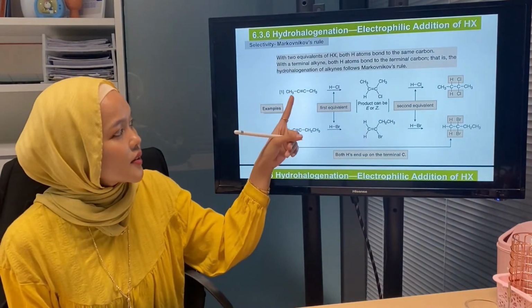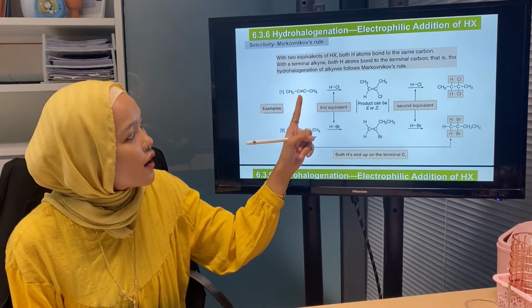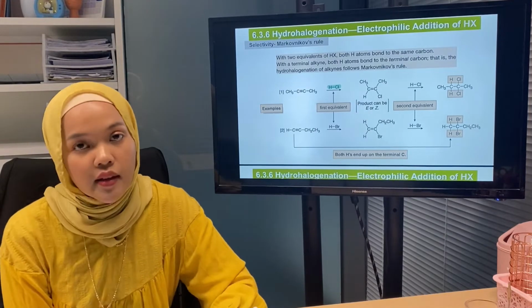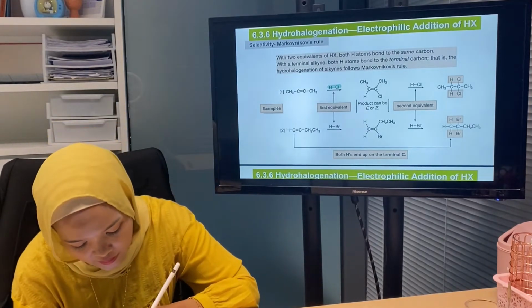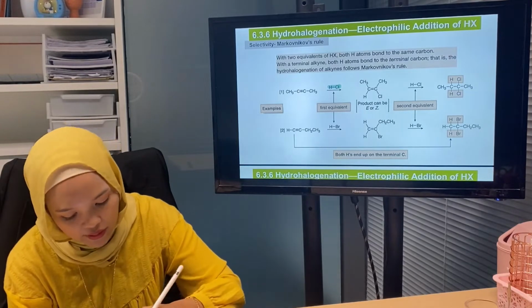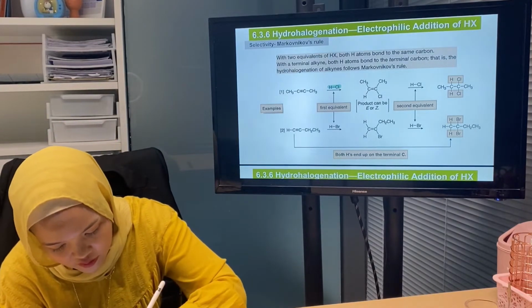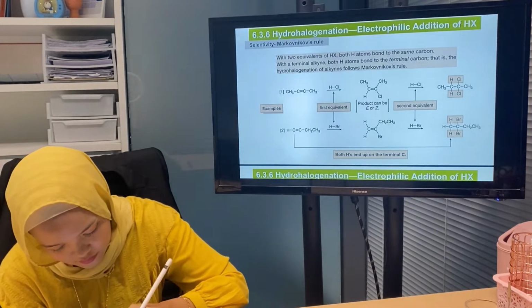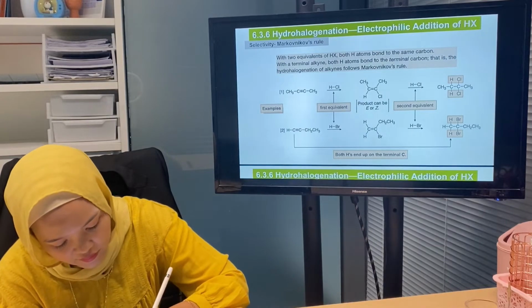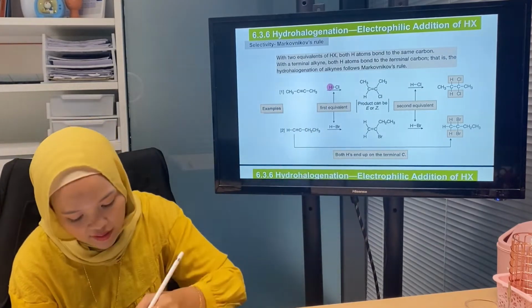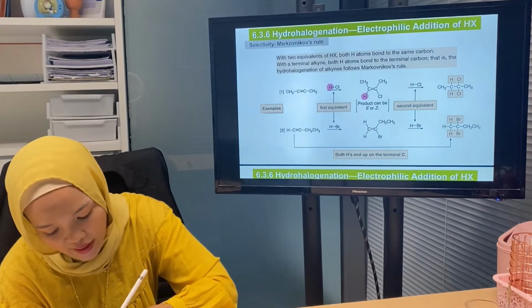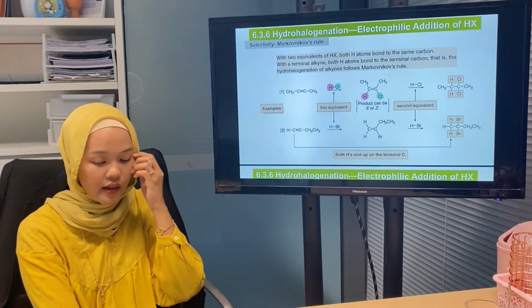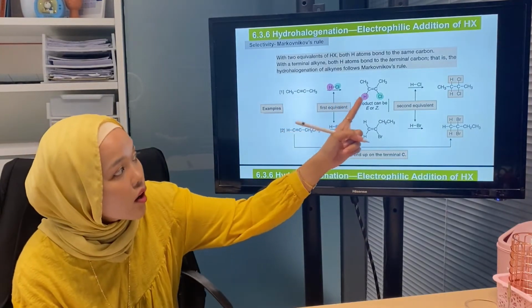For example, if you have your butane here and HCl wants to add, the H is added here and the Cl is added here.